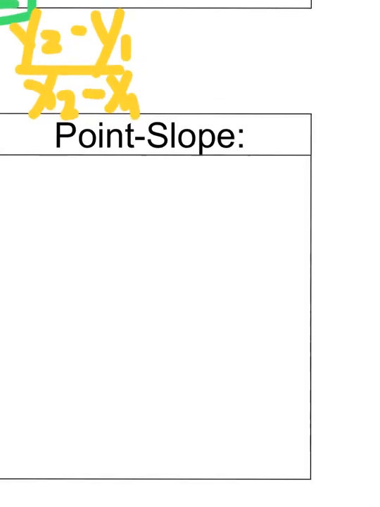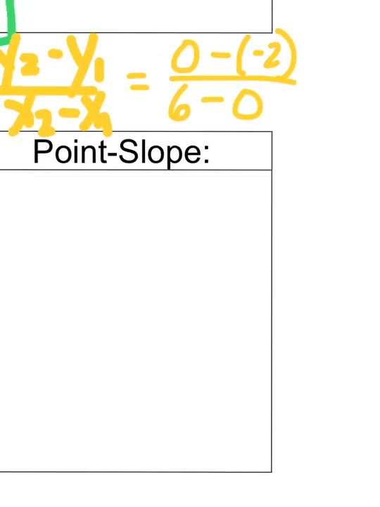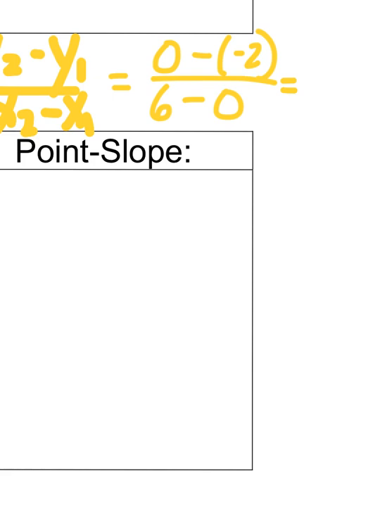Let's substitute those in. We'll have 0 minus -2, the change in y, over the change in x, 6 minus 0. That would simplify to 2 over 6, which would simplify to 1/3.